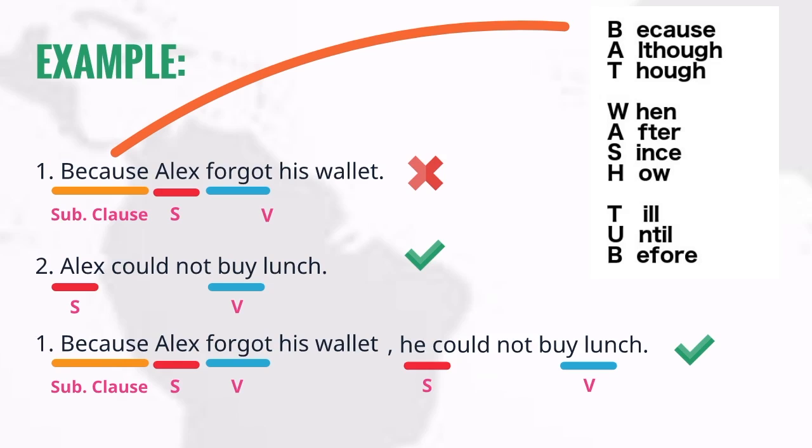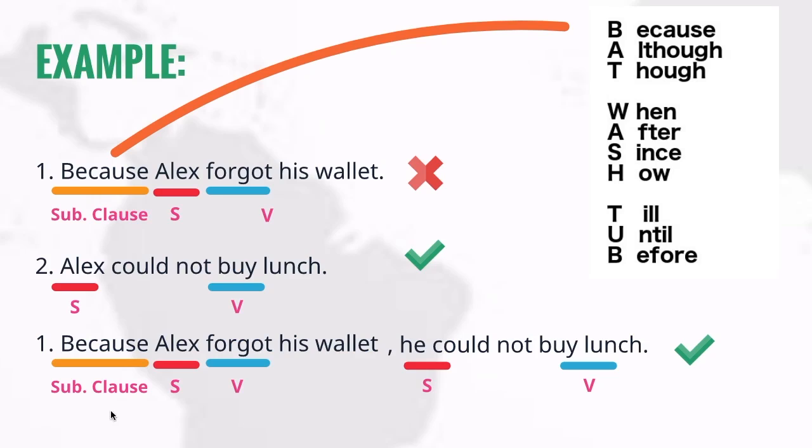So we have on the bottom, because Alex forgot his wallet, he could not buy lunch. And that's perfect. That merges them both together because the subordinate clause or the dependent clause is relying on the independent clause.